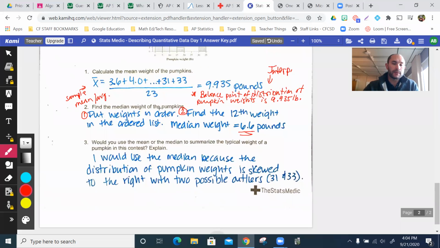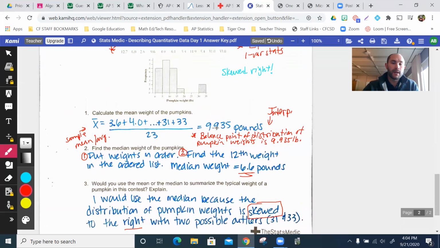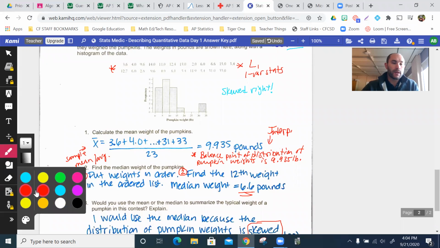You would use the median because the distribution of pumpkin weights is skewed to the right with possible outliers at 31 and 33. So they're pulling the mean up higher. Notice the mean weight is about 3.3 pounds more than the median. And if you just draw some lines in here, where's the median? The median's 6.6, somewhere in here. There's the median.